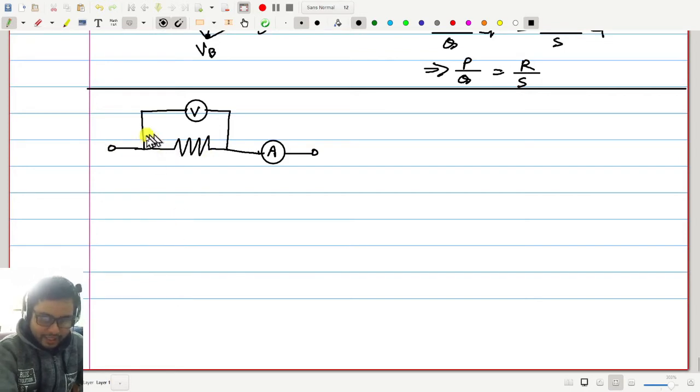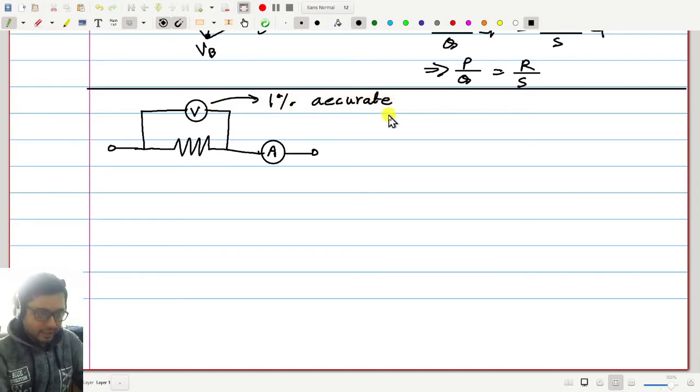So right now you assume that the voltmeter is measuring the voltage across the resistance, and the ammeter is also measuring the current through the resistance. However, suppose this voltmeter is not perfect. It has some error, and suppose the specification says it is 1% accurate.